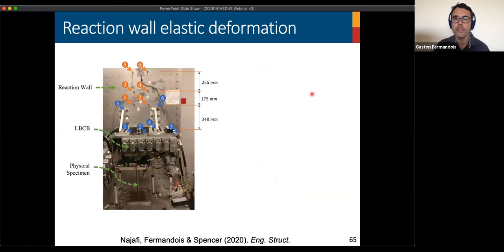We were interested in whether there was any elastic deformation of the reaction wall. So we installed LED sensors, and through a contactless camera, we measured the position of each LED in space, and we tried to assess whether there was any off-plane deformation of the reaction wall when we applied the loading over the specimen.